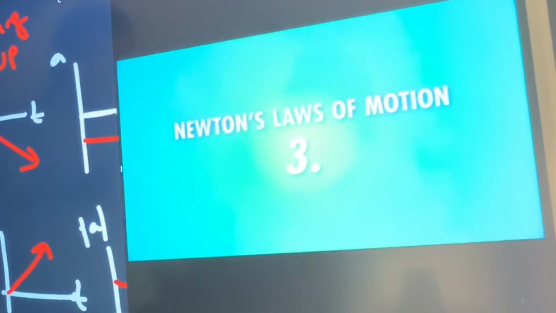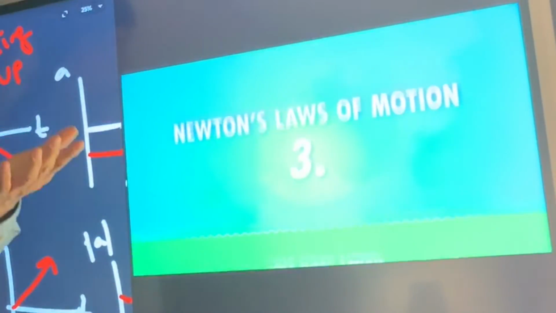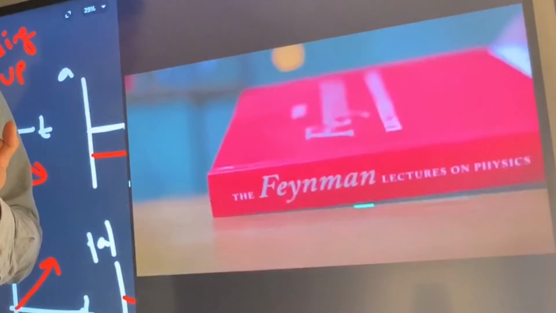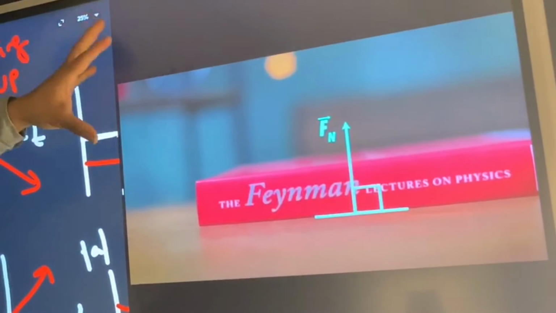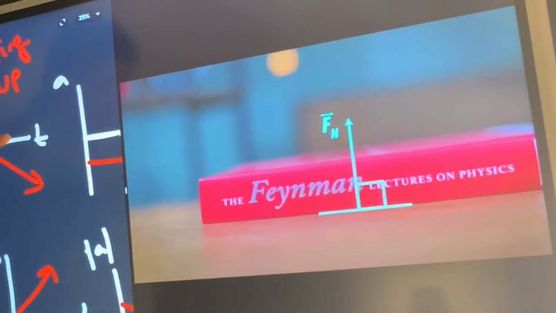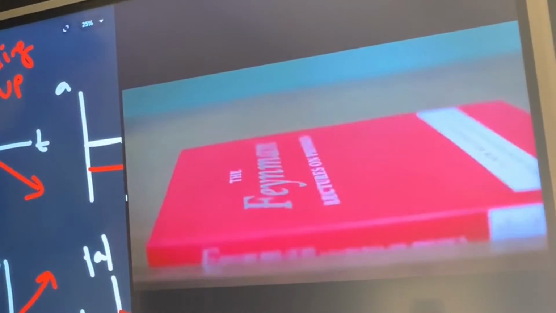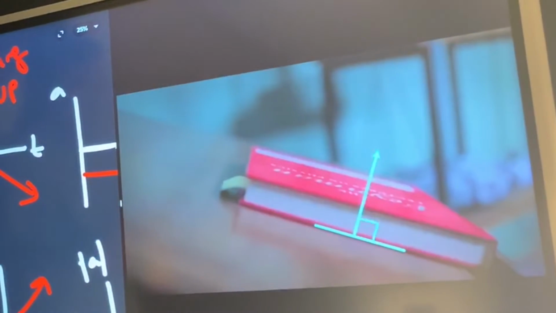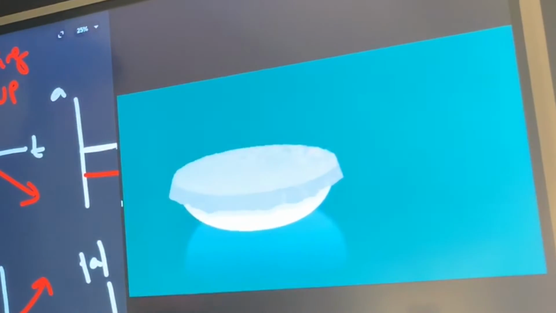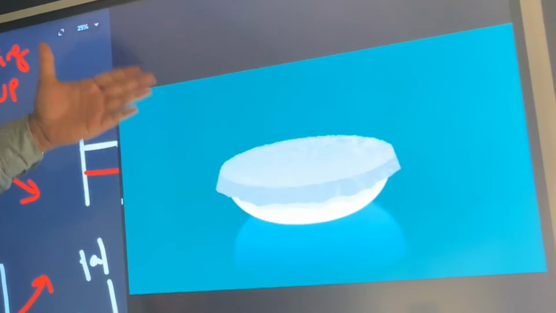Now let's take you to Newton's third law. Newton's third law tells us every action has an equal and opposite reaction. It actually talks about the normal force. We introduced the normal force in the beginning, but Newton's third law is about the normal force, which is the reaction. What is the reaction force right now?